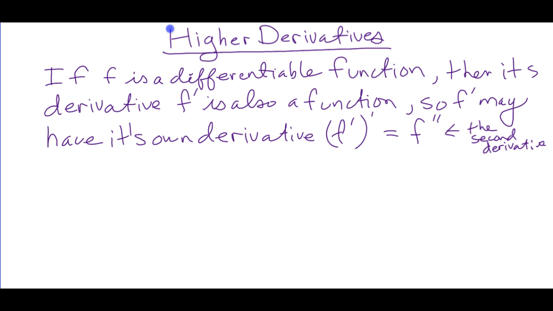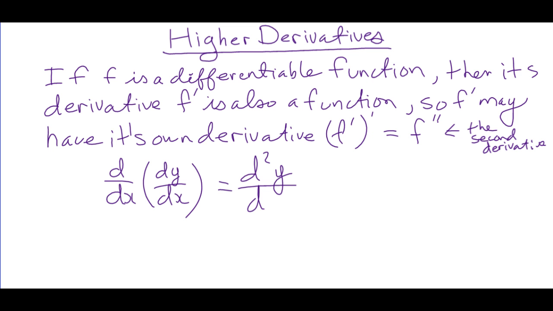So let's talk a little notation-wise. How else may we see this written? So we may see it done this way: d by dx of dy by dx, and that's written as d squared y over dx squared, so that denotes the second derivative as well.